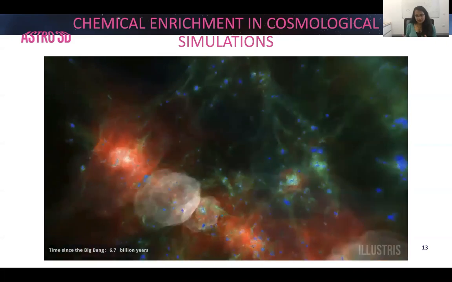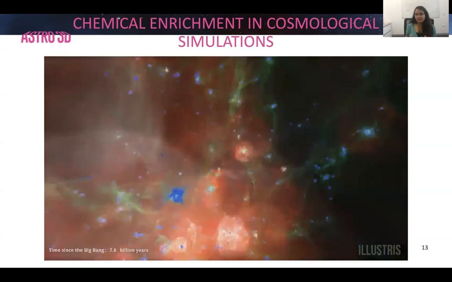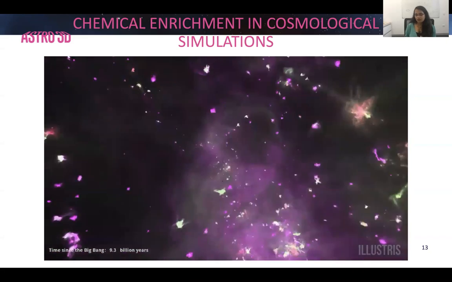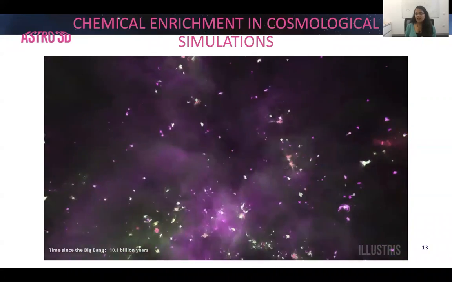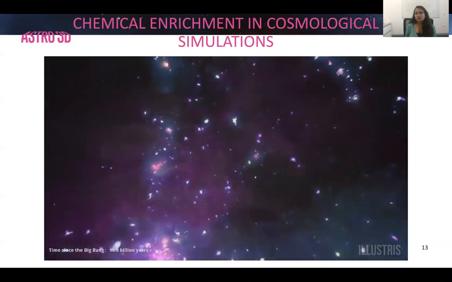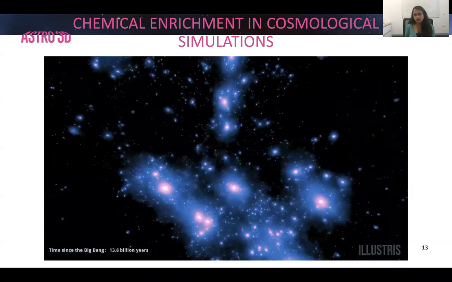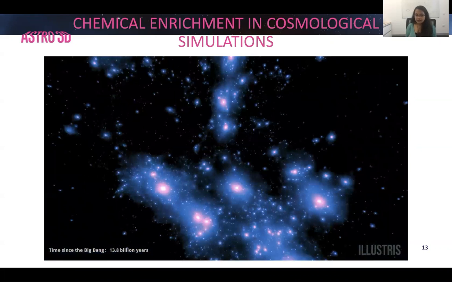But with all these simulations, we have to remember that any predictions or measurements have a caveat, which is that they could be dependent on the underlying galaxy evolution models that you have built into the simulations. But still, these cosmological simulations are a great avenue to test what could be happening to the galaxy.